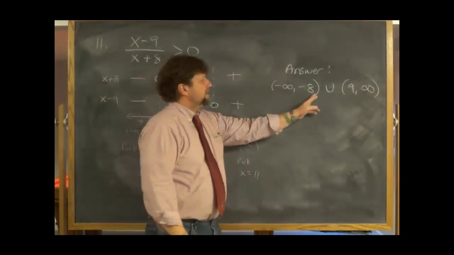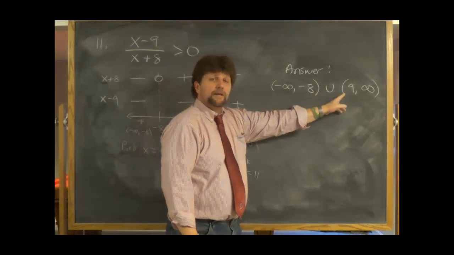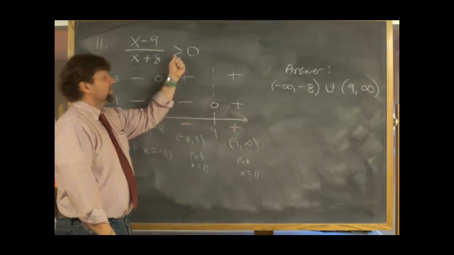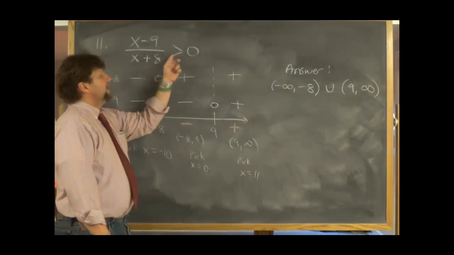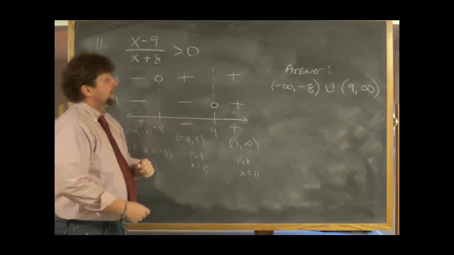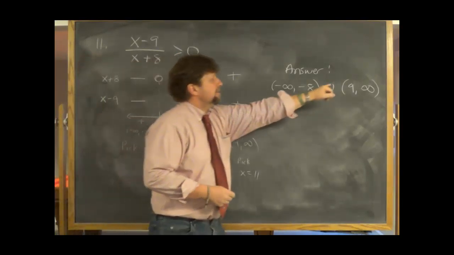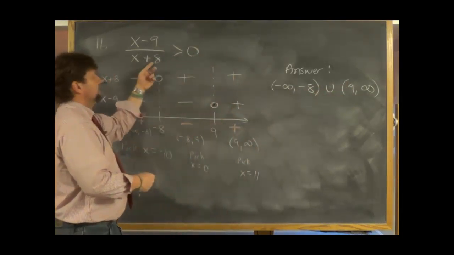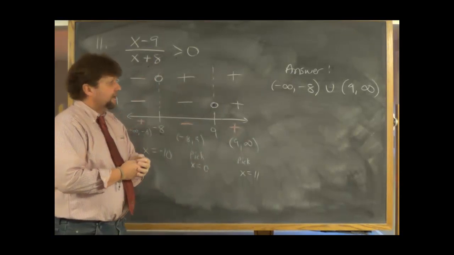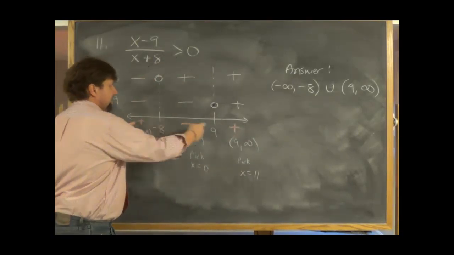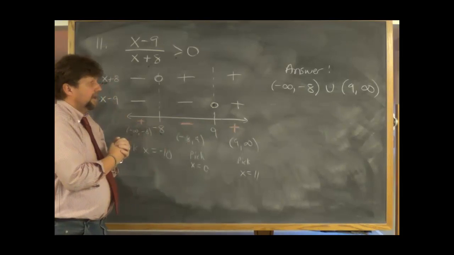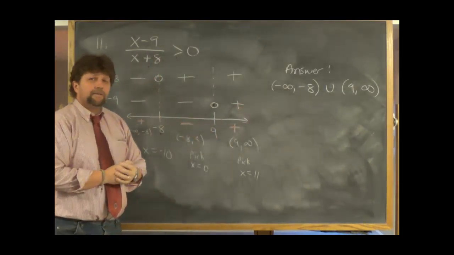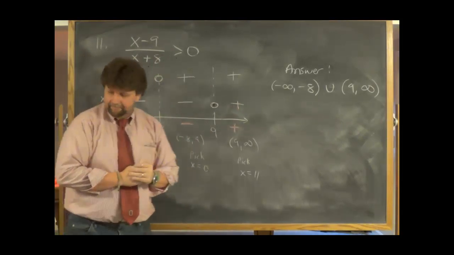And notice parentheses around the negative 8 and around the 9, because the inequality is strictly greater than. If it had been greater than or equal to, then you would have a square bracket around the 9, but not around the negative 8, because you can't have 0 in a denominator. In summary, it's this line right here that would answer the question. Hopefully you have this as your answer for number 11. That's it for number 11.